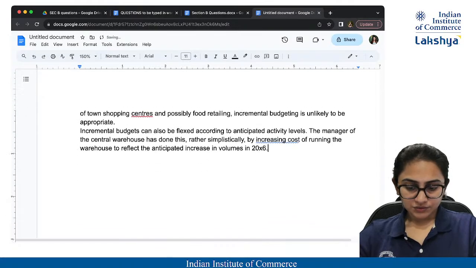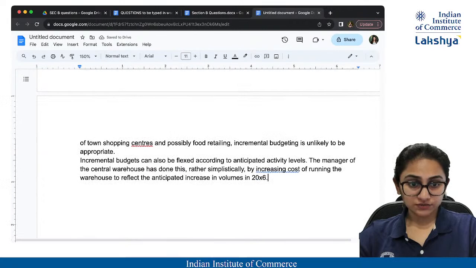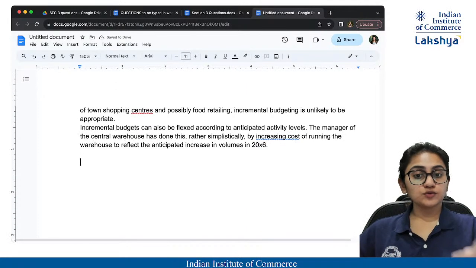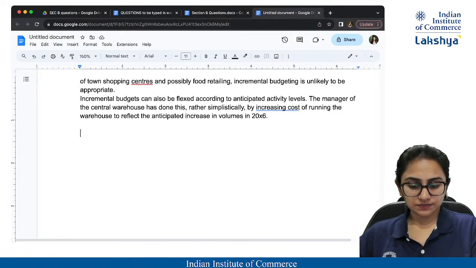Okay, so these are the advantages of using the current budgeting system, which is their incremental budget. We are not directly writing advantages of using incremental budget because they have referred to it as the current budgeting system.